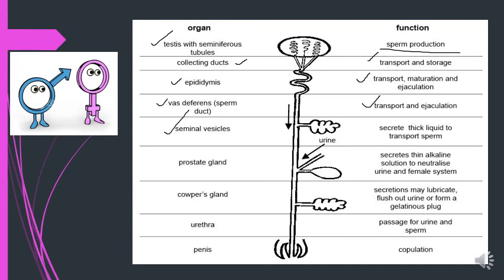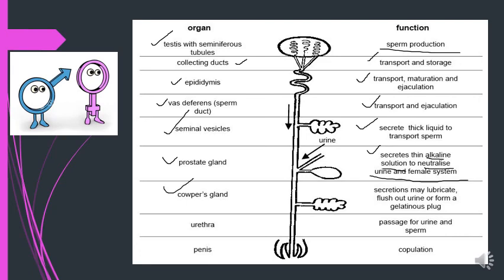The seminal vesicle, as we studied earlier, secretes a thick liquid to transport sperm. Next, we have the prostate gland. It secretes a thin alkaline solution, which neutralizes the pH of the urine and the female system, that is the vagina. Next is Cowper's gland, also known as the bulbourethral gland.